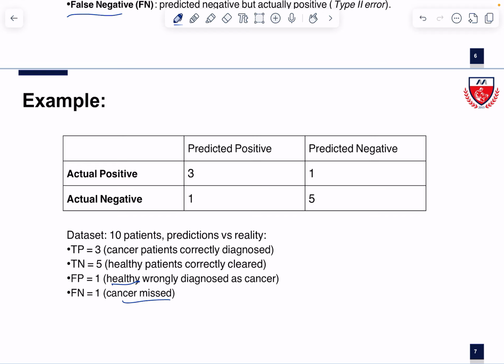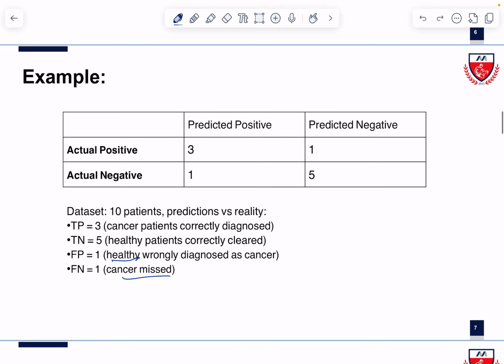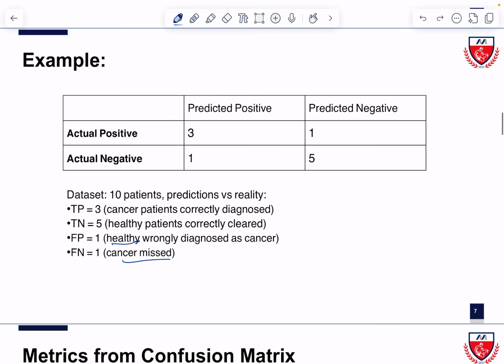This is what happens after we have built our model. We test it, we validate it, so that we can actually deploy it in a real world setting. So there are three out of four cancer patients correctly identified, and then five out of six healthy patients.